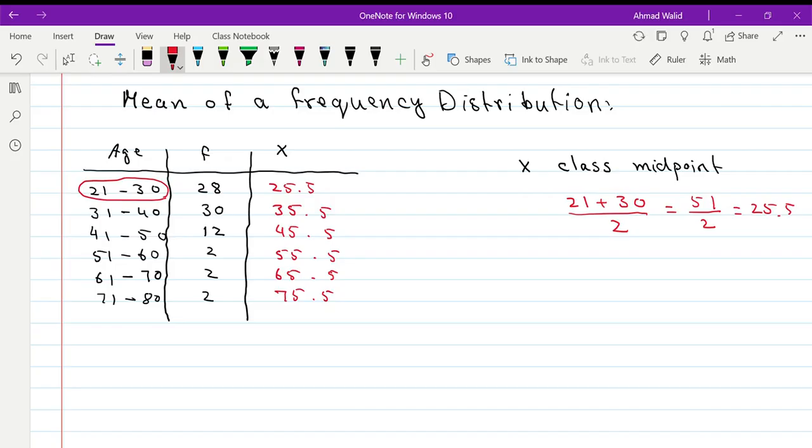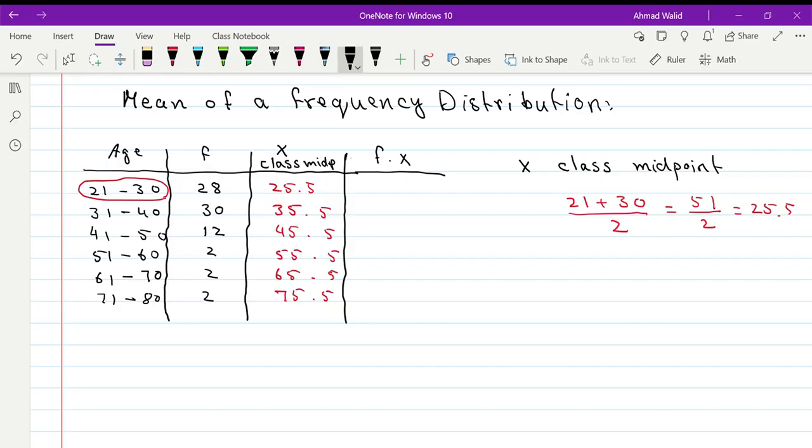Now, after you find your class midpoint, the next step is to draw another column, please. Here your X is the class midpoint. In the next column, find F times X. Multiply your frequency with your class midpoint.